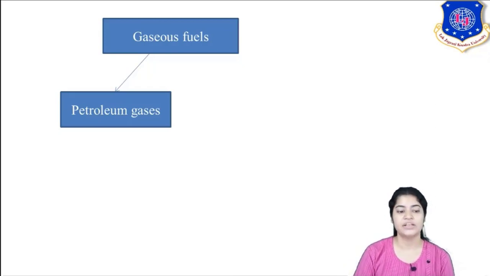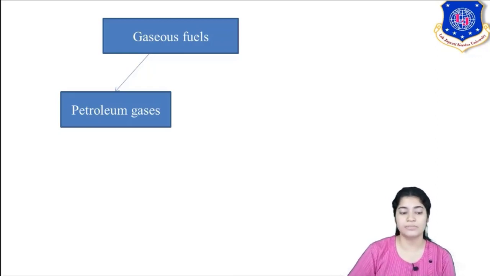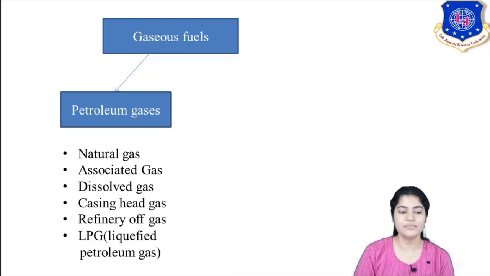In the exam, if they want to ask about gaseous fuels category-wise, the question would be like, explain the naturally available petroleum gases. You have to describe these gases: natural gas, associated gas, dissolved gas, casing head gas, refinery off gas, LPG, etc.